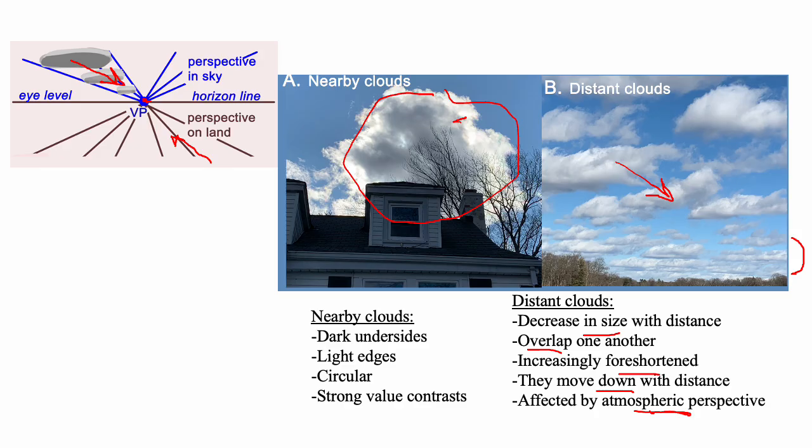And they're increasingly foreshortened. What I mean by that is that their width is going toward the distance. So the width is reduced more than the length, and they become more linear. So this one is a little more linear, and then as you go down here, you almost have lines in the distance.